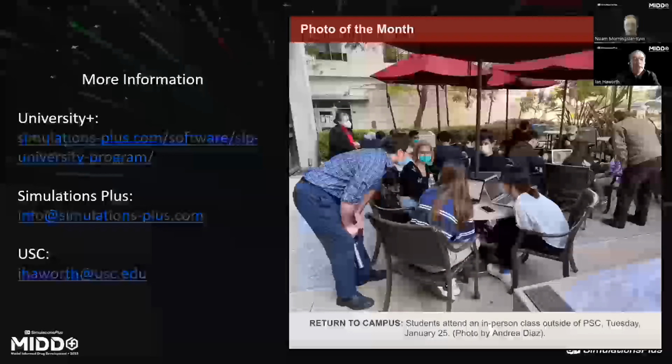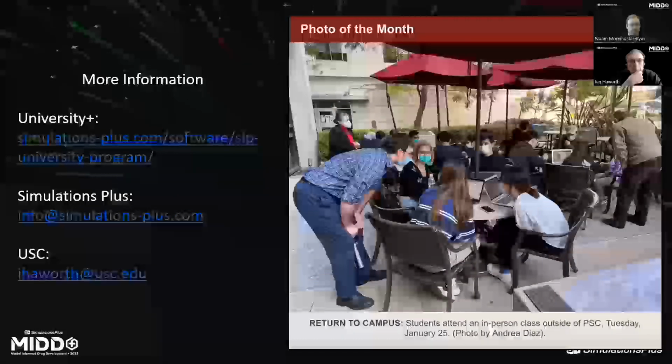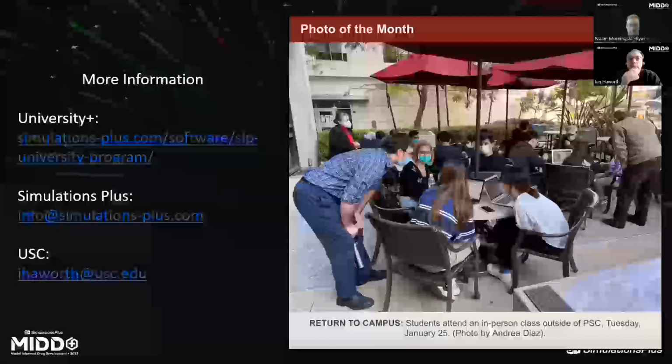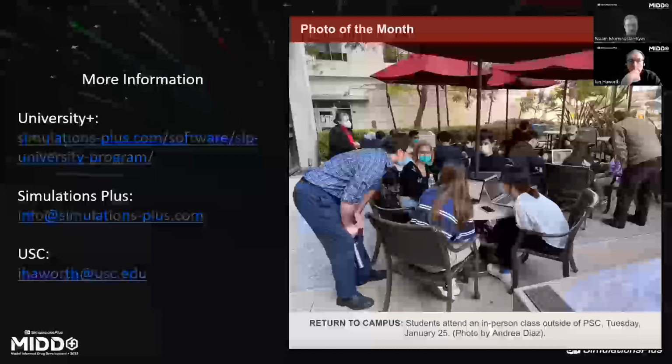Yeah, and I'm quite grateful to Simulations Plus as well for being willing to support this, not just providing access through University Plus, but also to being supportive of the course as a whole. But with respect to University Plus, it is a program that we offer to provide access to GastroPlus and related software.